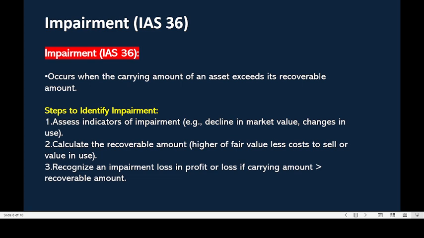Next, calculate the recoverable amount, which is the higher of the asset's fair value, less costs to sell, or its value in use. If the carrying amount is higher than the recoverable amount, the difference is recognized as an impairment loss in the profit and loss statement. For example, if a piece of equipment's market value drops significantly due to obsolescence, it may need to be impaired.